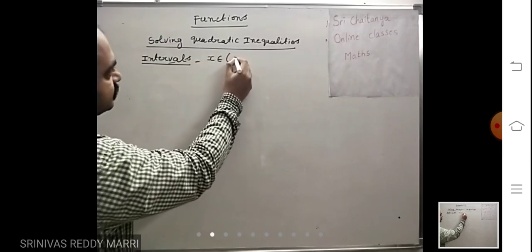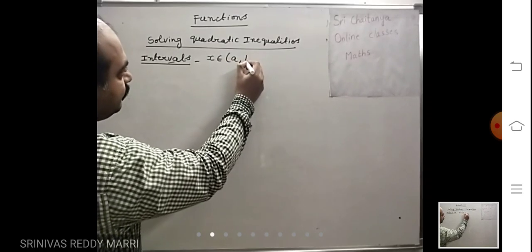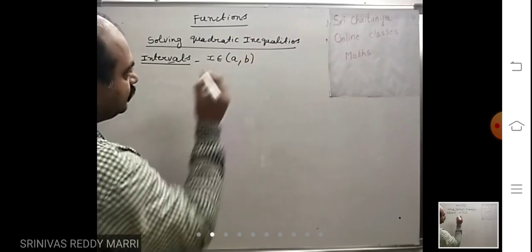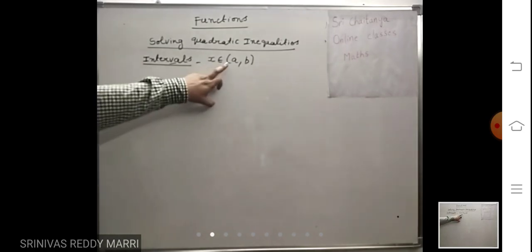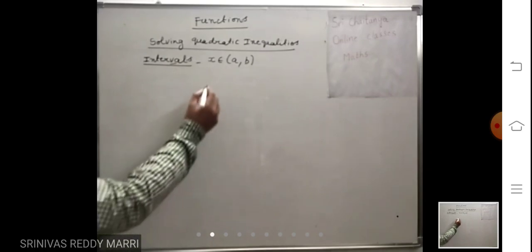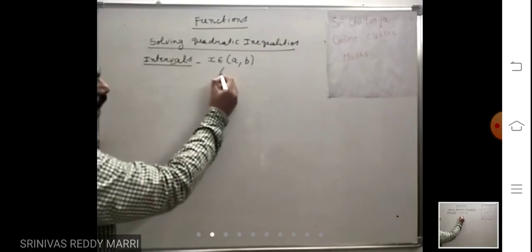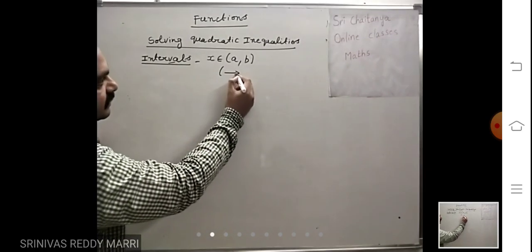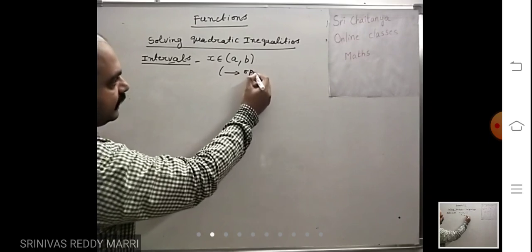X belongs to (A, B). Look, X belongs to (A, B) means this is an interval. This bracket is called an open bracket.